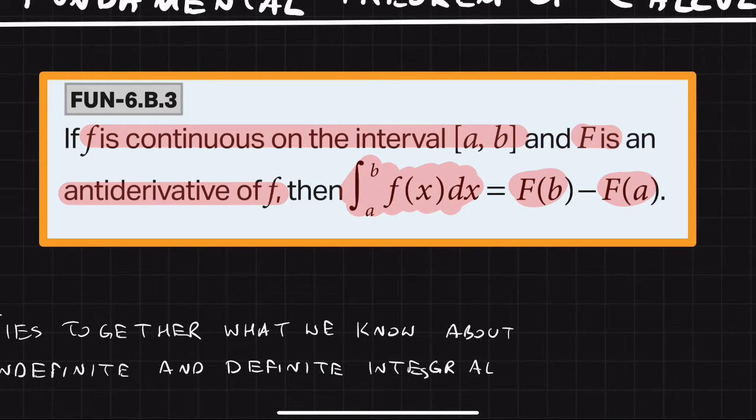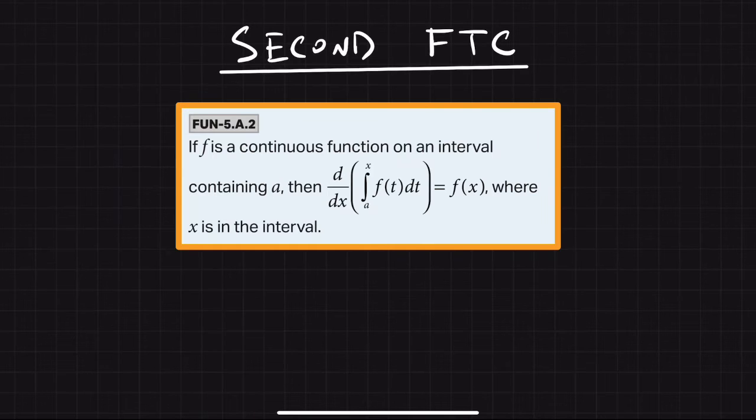So in other words, a definite integral is just the antiderivative of the function inside the integral. The function is then defined at the top boundary, b, and then you subtract, and your function is defined at the bottom boundary, a. So we can see that the second fundamental theorem of calculus looks different than the first fundamental theorem of calculus, but the second fundamental theorem of calculus is actually based on the first.